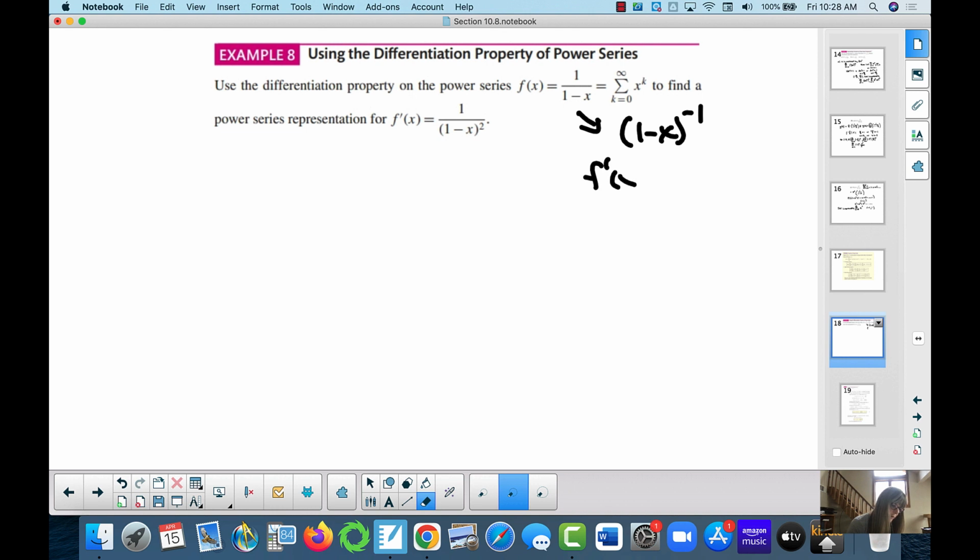The derivative of that, using the power rule, is -1 times 1 minus x to the -2 power, and then by the chain rule we multiply by the derivative of -x, which is -1. Well, that's just 1 over 1 minus x squared.